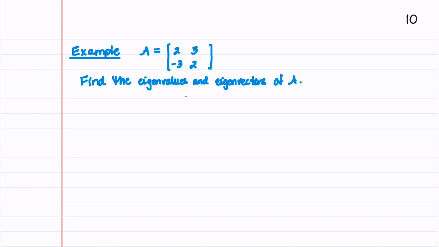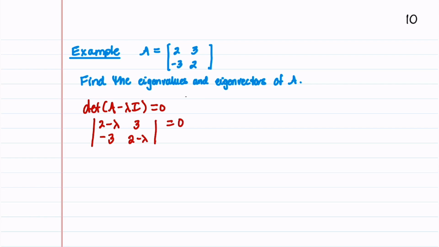In this example, we're asked to find the eigenvalues and eigenvectors of A, and those eigenvalues and eigenvectors are going to end up being complex. To find the eigenvalues, we're going to begin with determinant of A minus lambda I equal to 0. This gives us 2 minus lambda, minus 3, 3, and another 2 minus lambda is equal to 0.